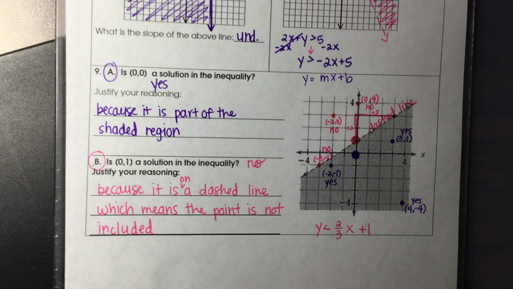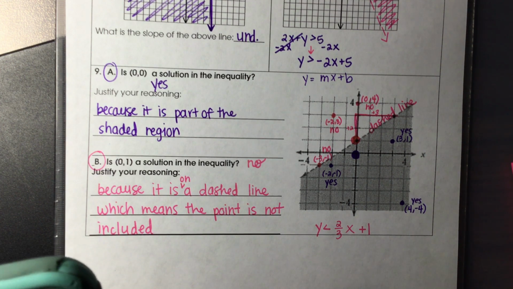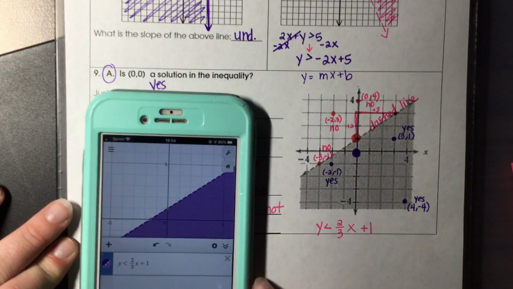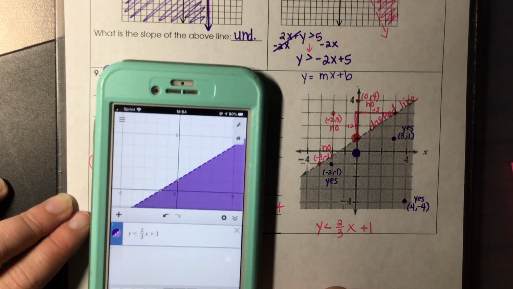Let's look at how you could check your work in Desmos. Y less than 2/3 x plus 1. There is the same graph that I have on my sheet of paper.